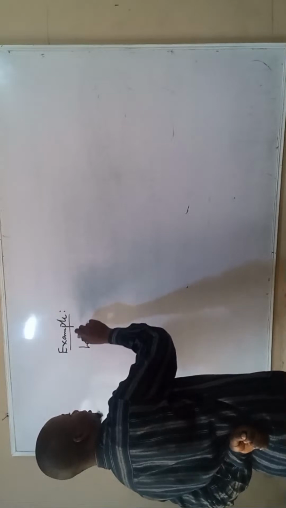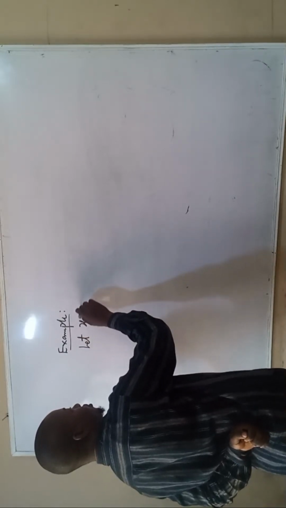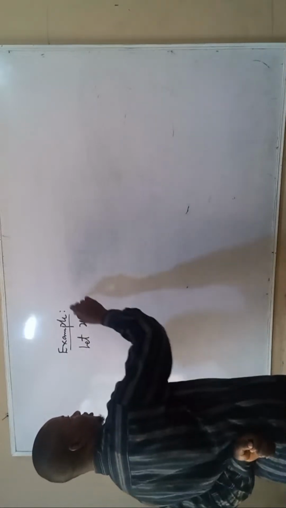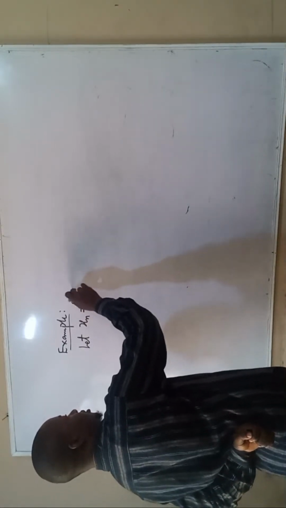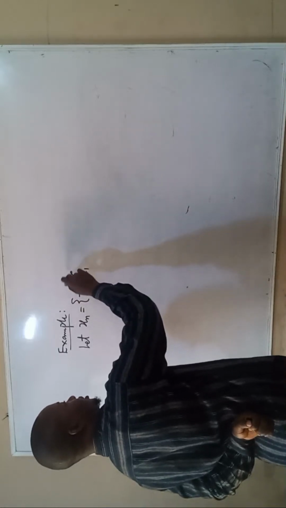So let xn be equal to the sequence minus 1 over n, starting from 1 to infinity.